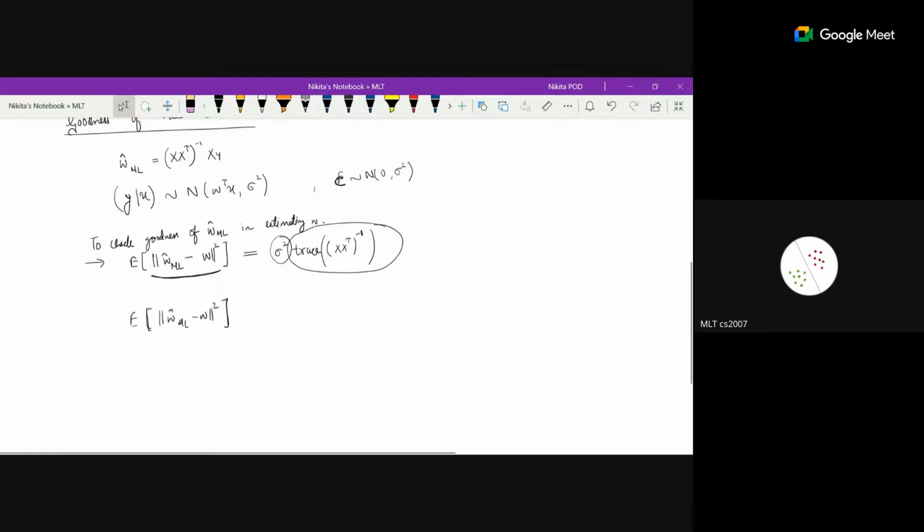This is also what we call the mean square error of W hat ML.